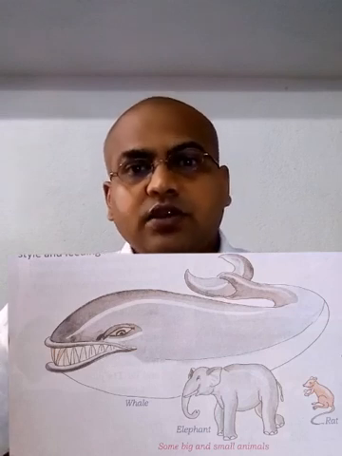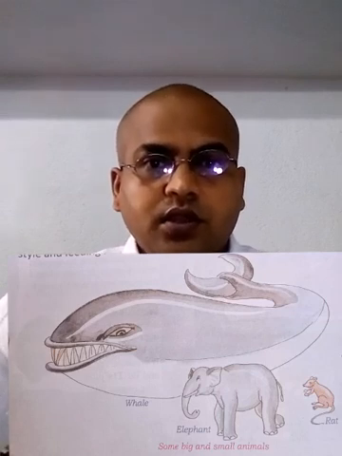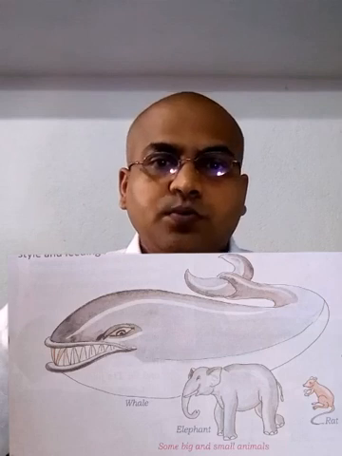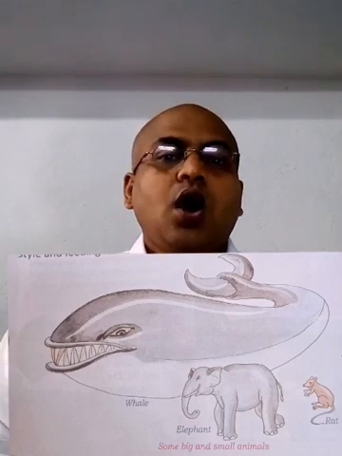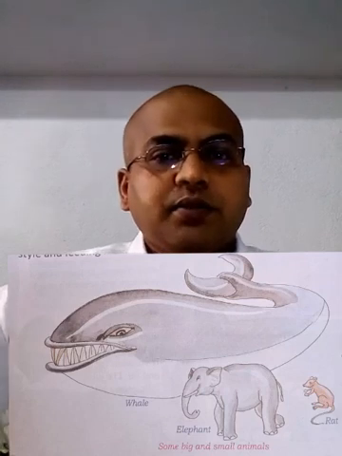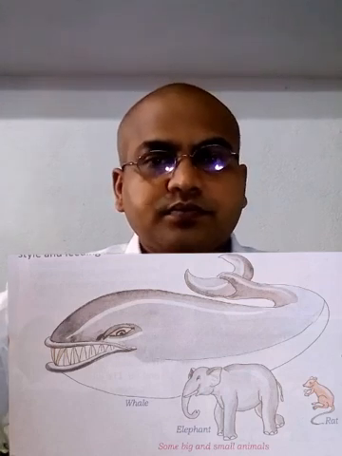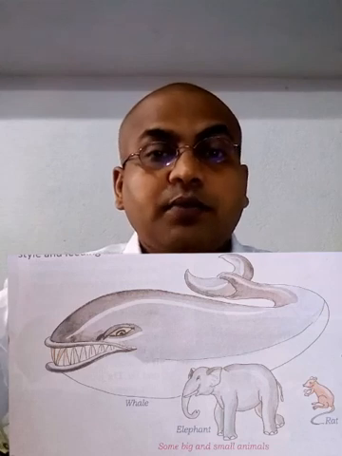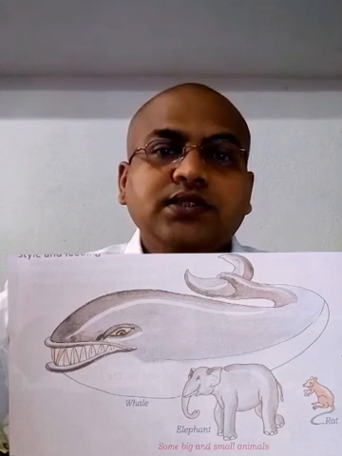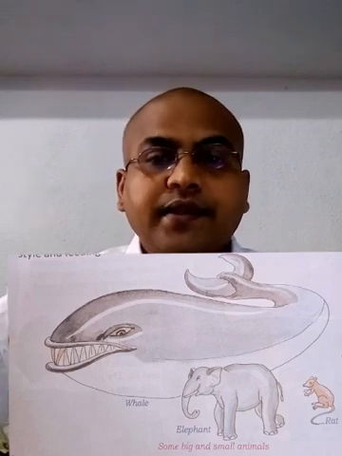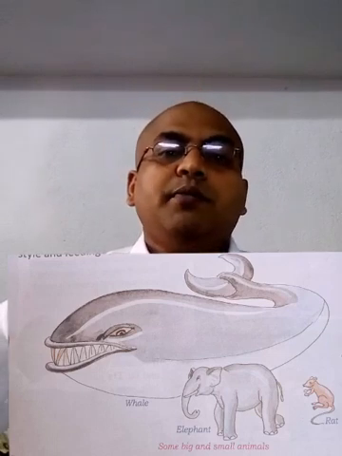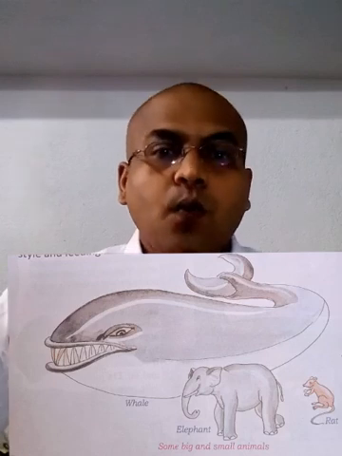Very big animals, small and very small animals. Among the big animals on the land, elephant is the biggest animal. But on the planet Earth, blue whale is the biggest animal. Likewise, rat is a small animal, but amoeba is the smallest one.